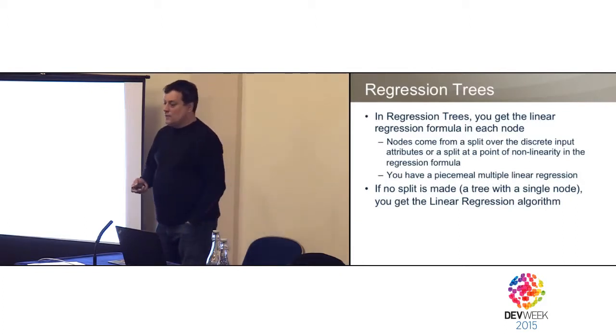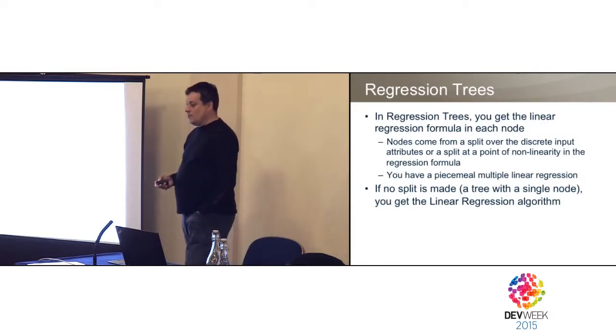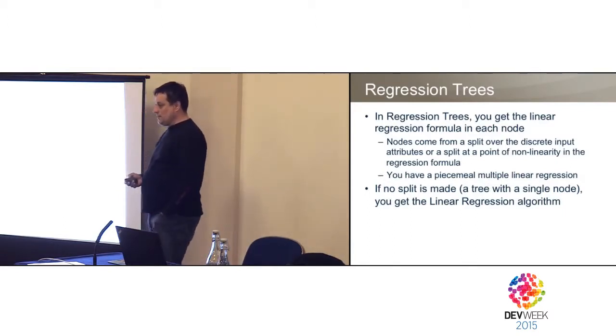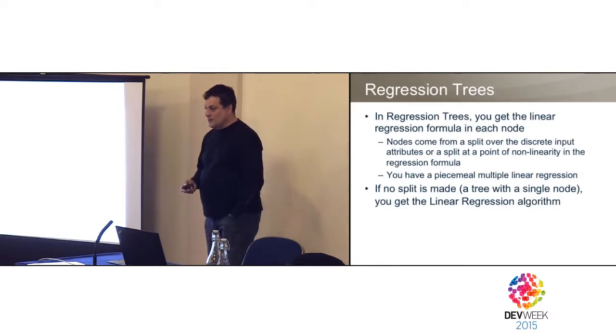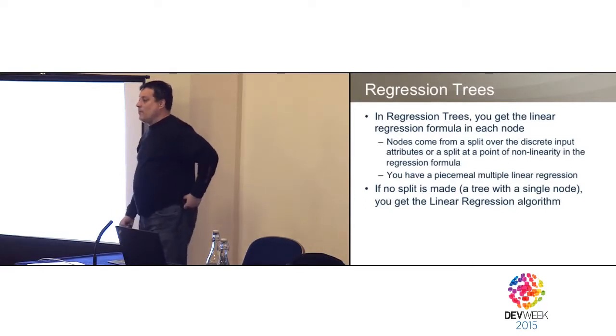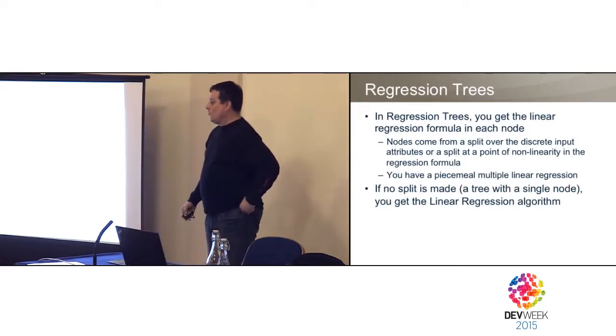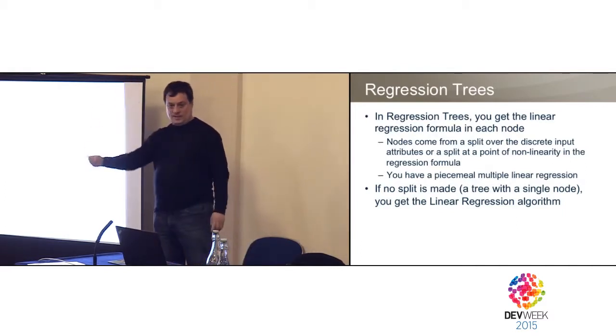Now, imagine that you don't have any discrete input variable, but you have multiple continuous ones. Regression trees can be smarter. You can define these splitting points also at the points of nonlinearity of these continuous variables. Imagine that you have some variable that goes like a sine.